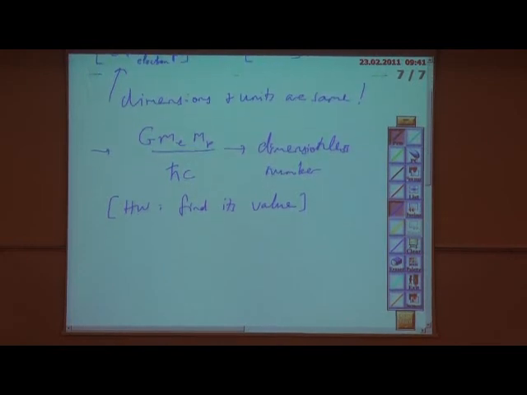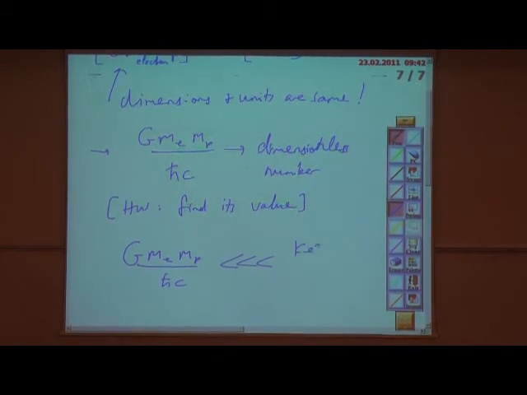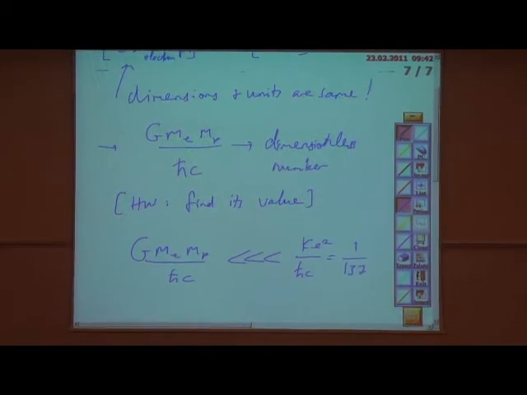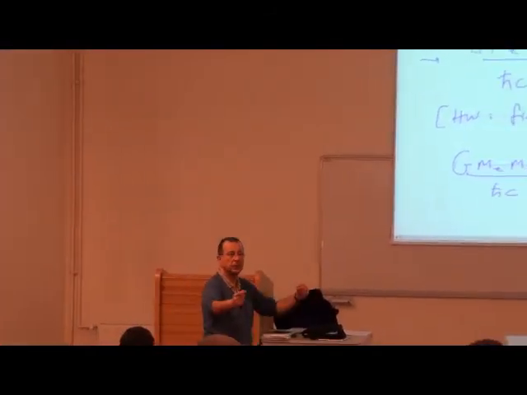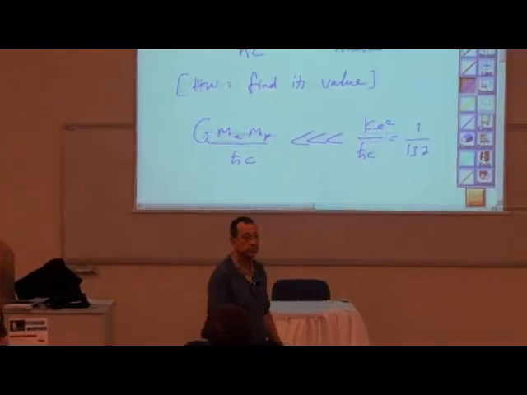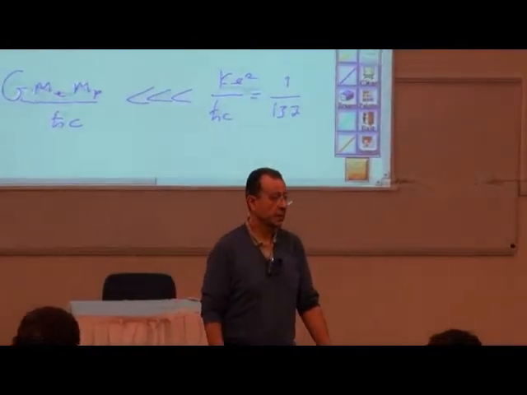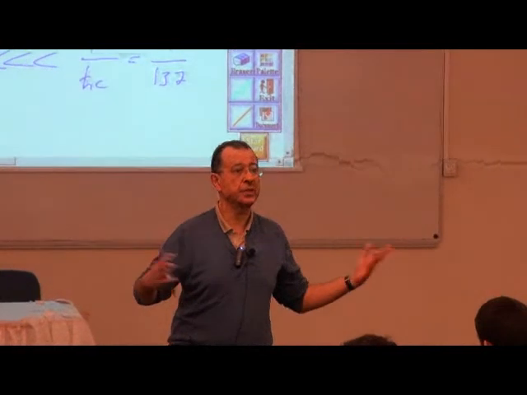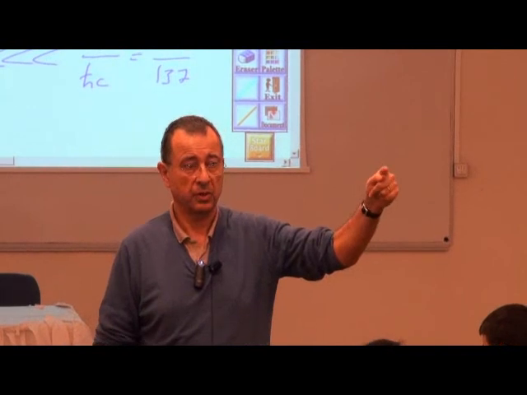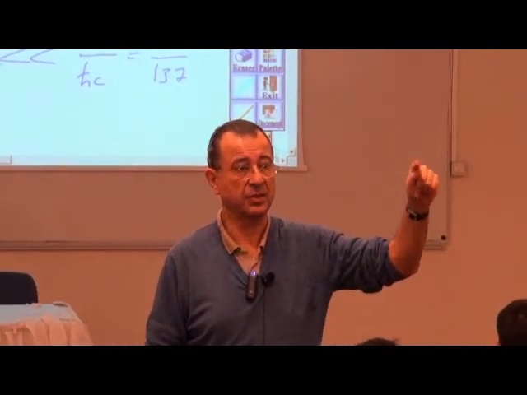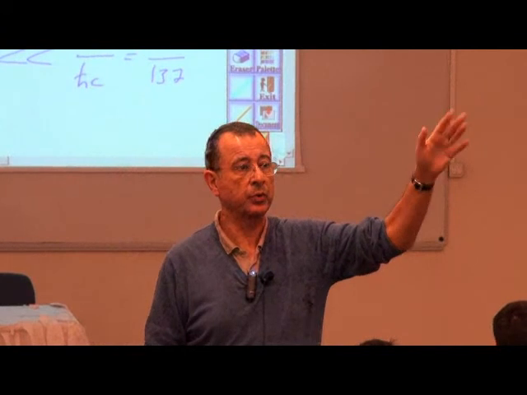And then you will find that G, M electron, M proton over h bar c is much, much, much less than Ke square over h bar c, which is 1 over 137. So this will tell you that gravity between the electron and the proton inside the atom, independently of anybody's units, as a pure number, gives you a fundamental dimensionless constant, G M1 M2 over h bar times c.